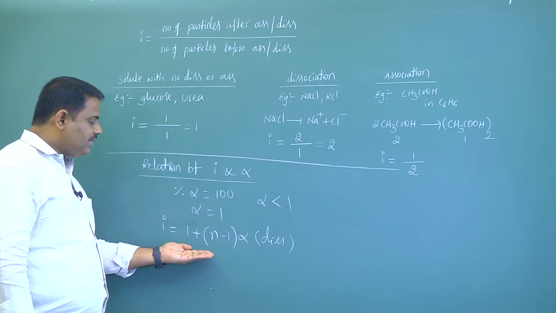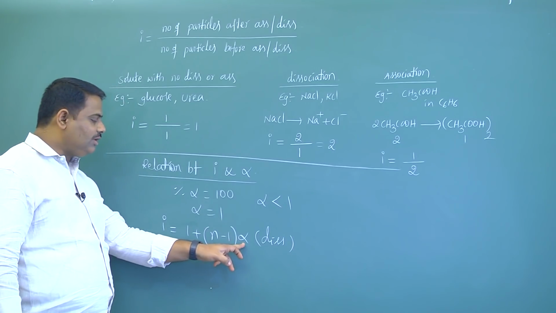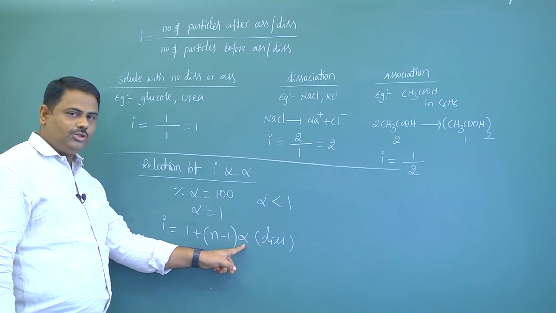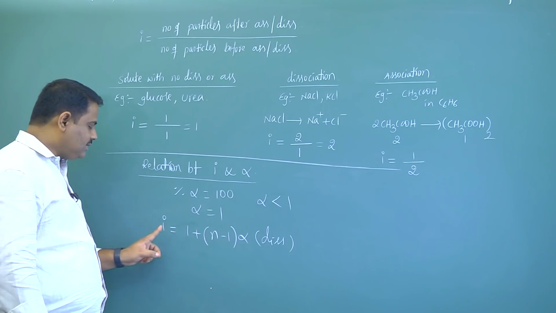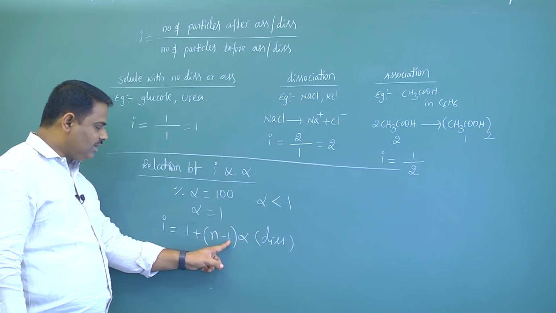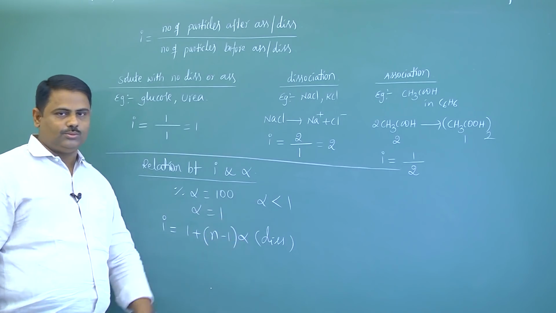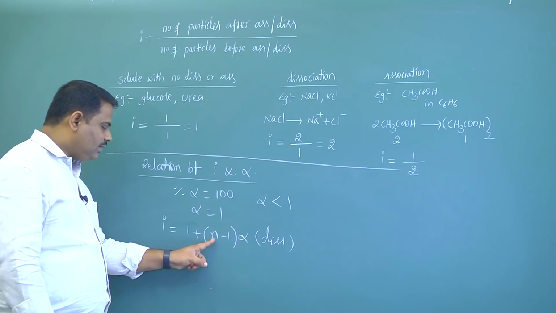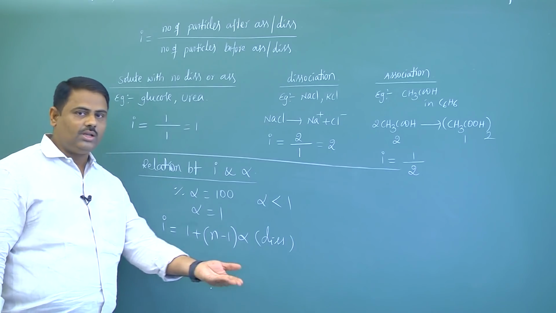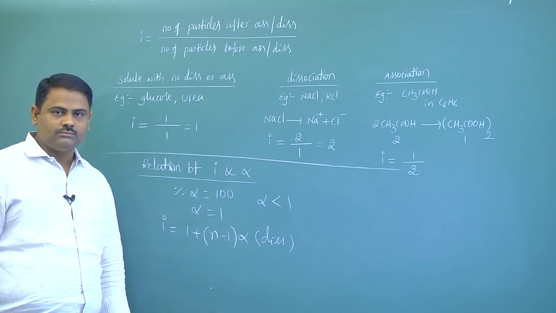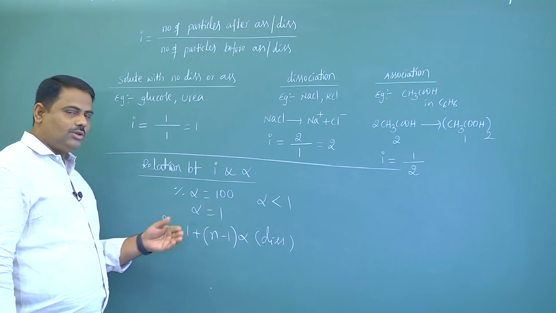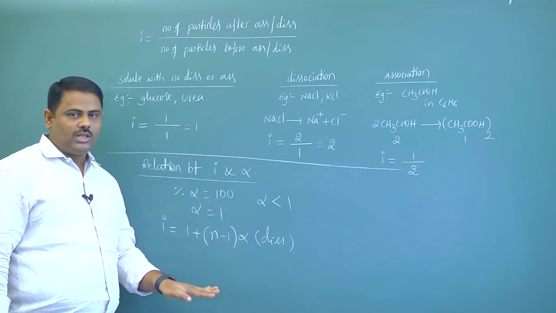If a weak electrolyte is given, definitely the alpha value is less than 1. For example, alpha is 0.2. Then what is i here? 1 plus (n minus 1) into 0.2. Once again, n is the number of possible particles after dissociation. Now, by using this formula, we can calculate i for both strong electrolytes as well as weak electrolytes.